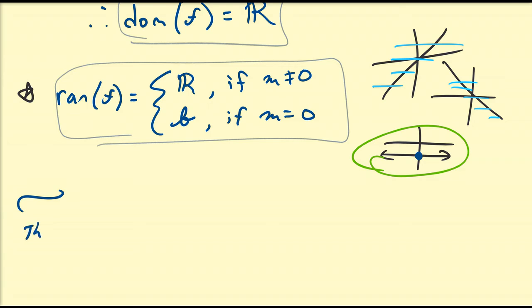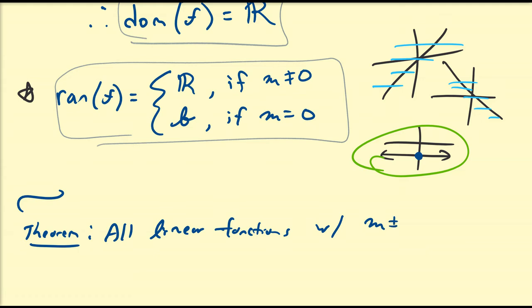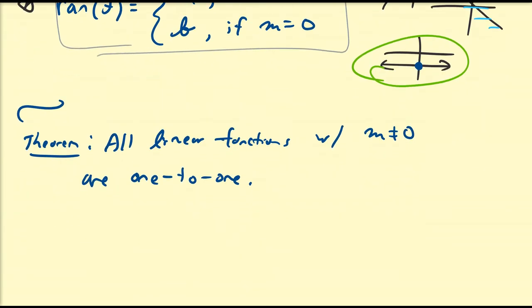So let's state a theorem. All linear functions with the slope not being equal to 0 are one-to-one. Let's see if we can construct a very formal proof of this.